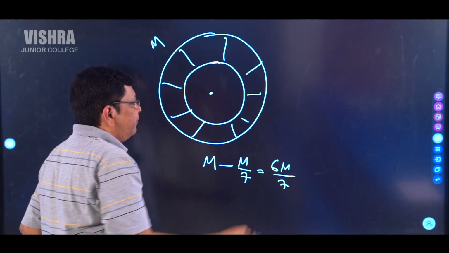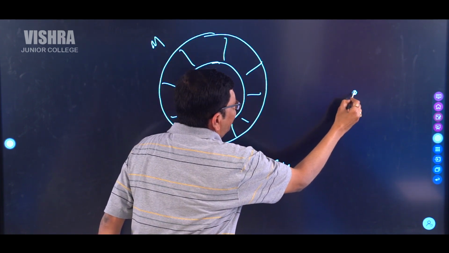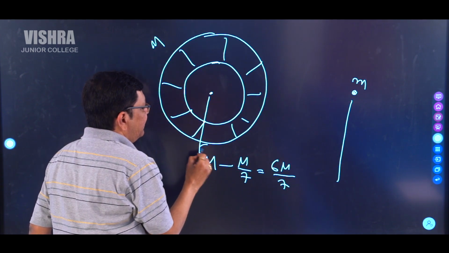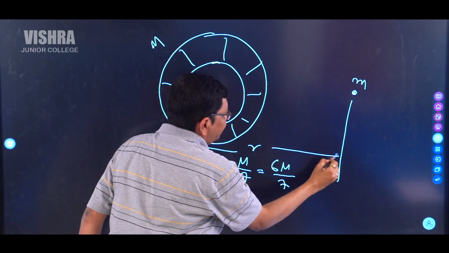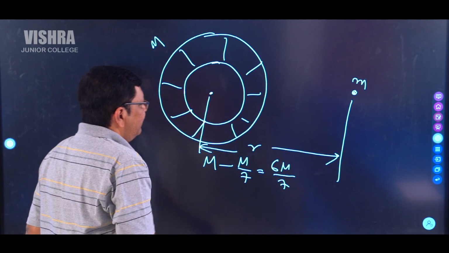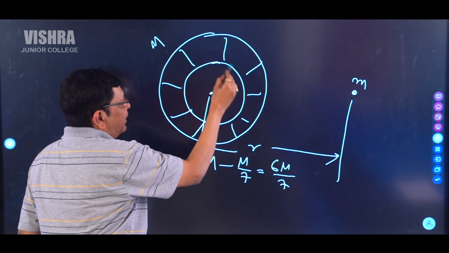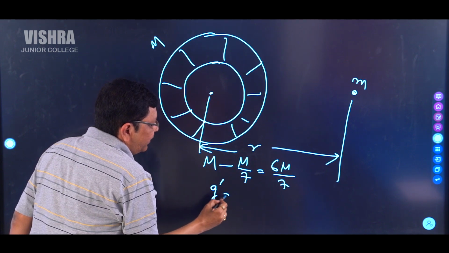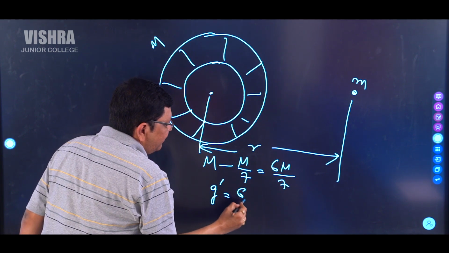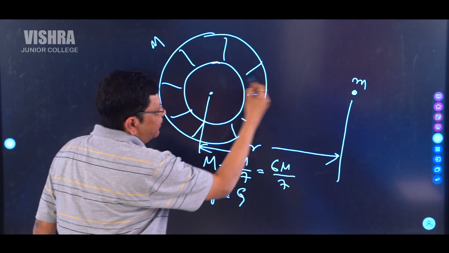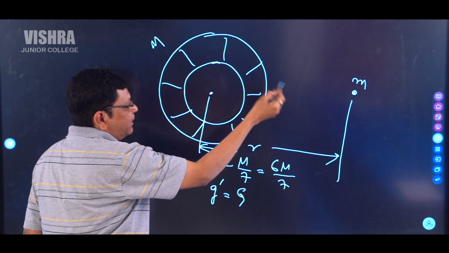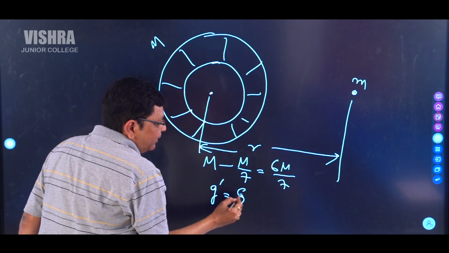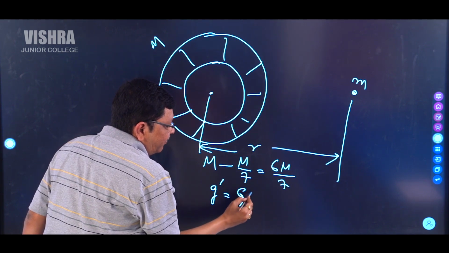Then what is the new force acting on the point mass which is kept at the same distance from the center of the original sphere? Now in the new case, the gravitational field intensity outside a solid sphere or outside a spherical shell, both have the same expression, that is G multiplied by total mass.